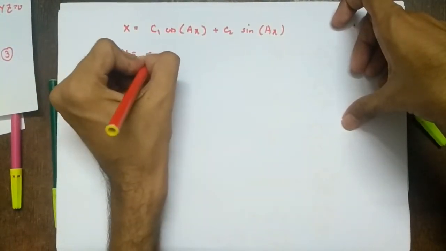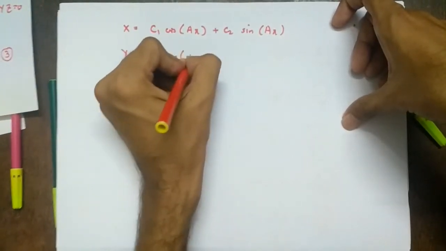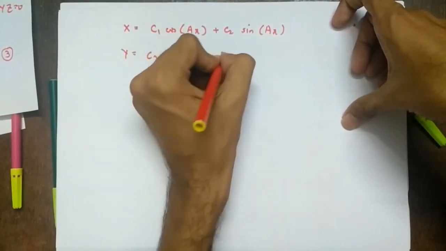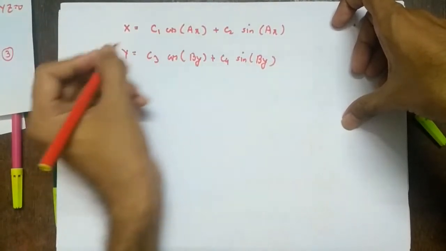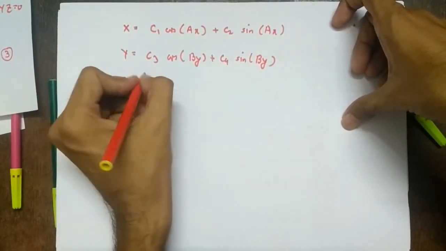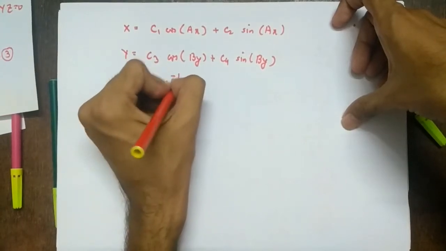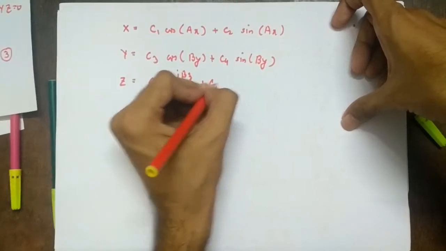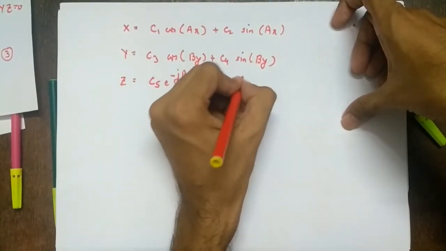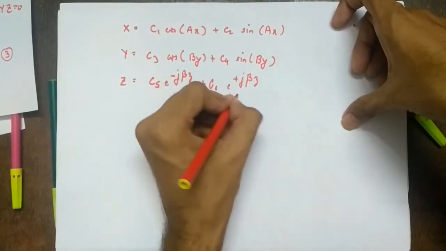Y will be c3 cos of by plus c4 sin of by. And finally Z will be c5 e raised to minus j beta z plus c6 e raised to plus j beta z. So this indicates what?